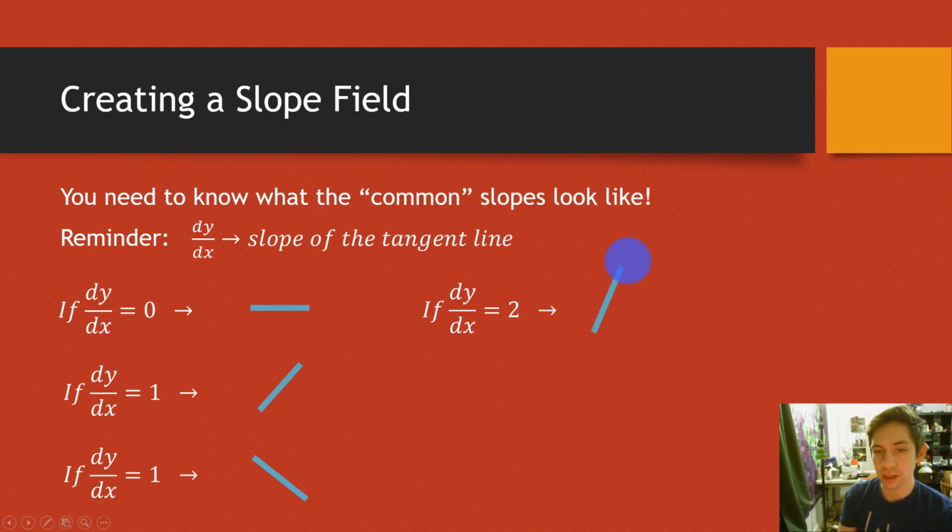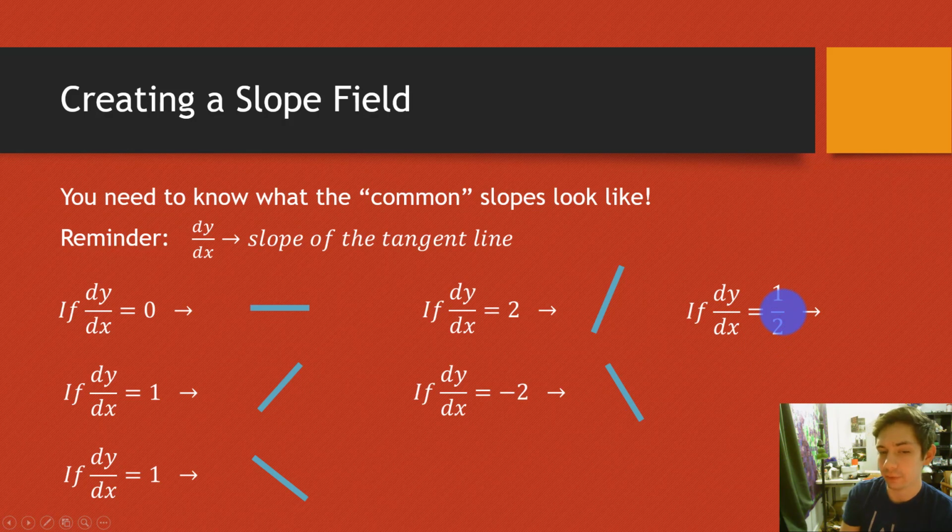Positive 2 should be increasing at a steeper amount. Negative 2 would be decreasing at a steeper amount. Then we should also know something between 0 and 1, like 1/2. It'll be between a flat line and a slope of 1, increasing just a little bit, and this will be decreasing just a little bit.